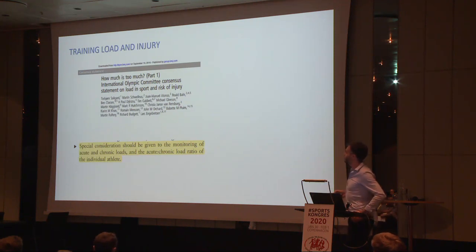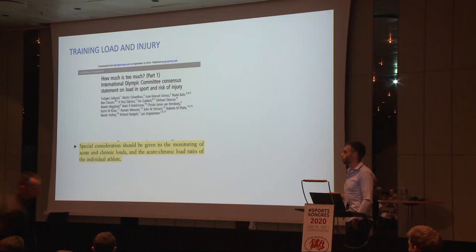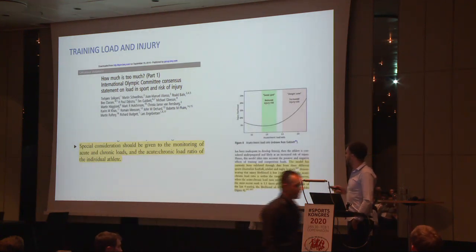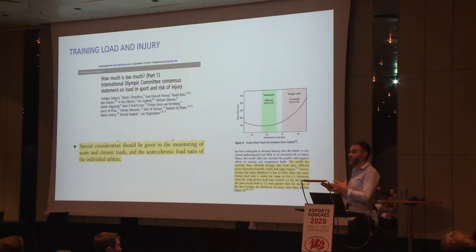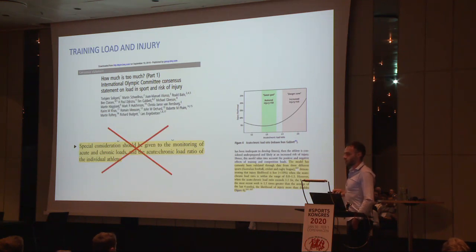So the main takeaways from this, and it helped me write the introduction, which was great: special consideration should be given to the monitoring of acute and chronic loads and the acute-chronic ratio. Then it said it's been validated in a model in 3 different sports. But actually, when we break down the actual results, we want it to be true because it sounds good. Do too much too soon, it increases the risk of injury, of course.